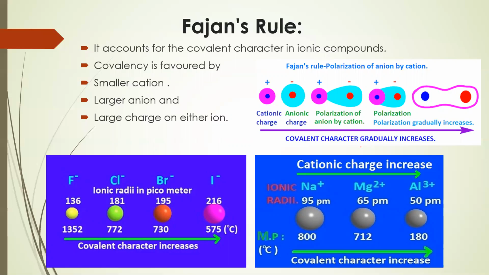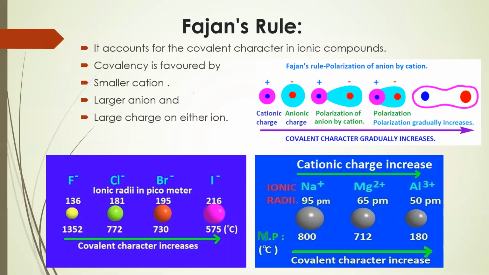Because we have learned that an ionic bond is seen between a metal and a non-metal. So, how is it possible that a covalent bond should also be seen between a metal and a non-metal? So, here it comes. It explains that covalency is favored. Right, it accounts for the covalent character in ionic compounds by the smaller cation.